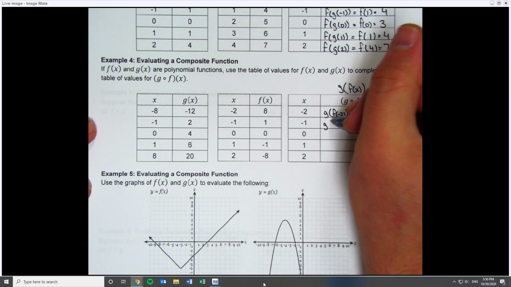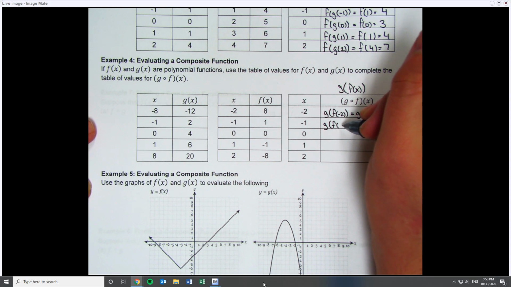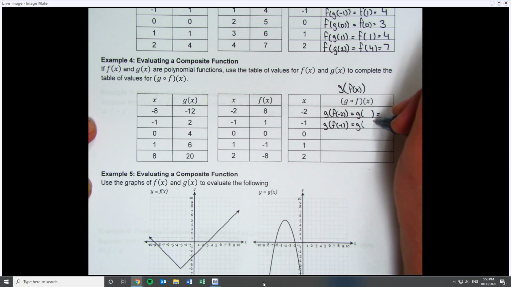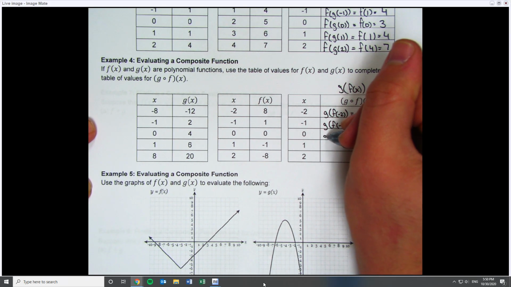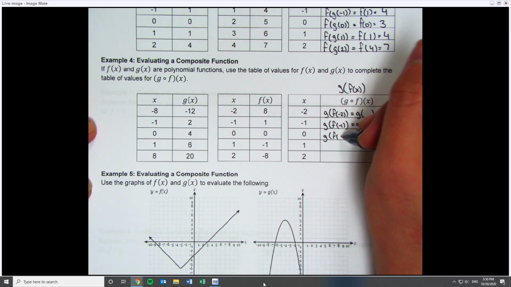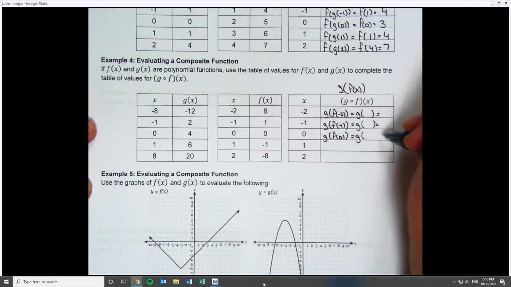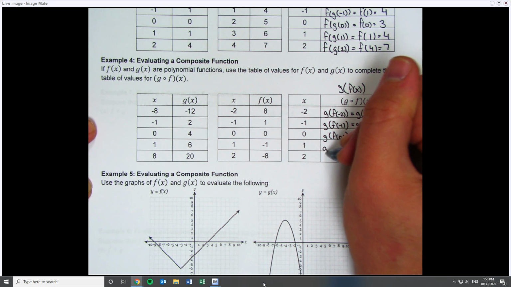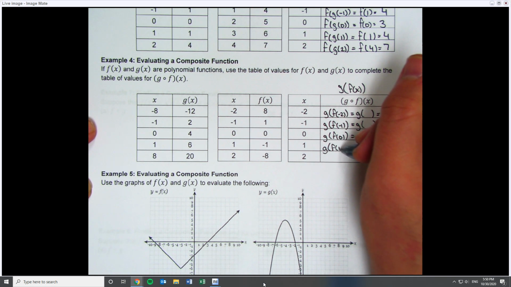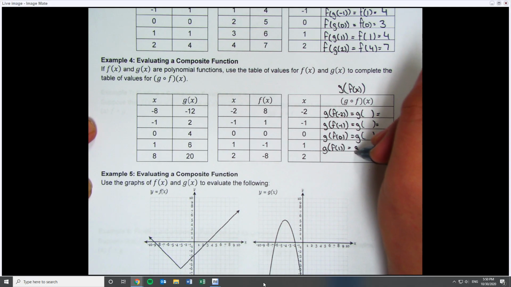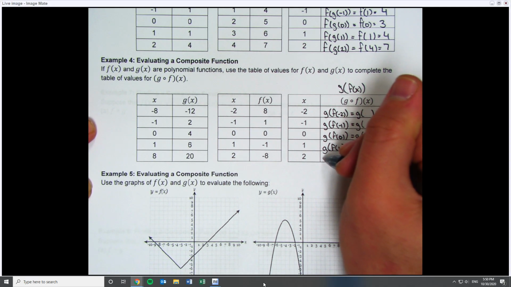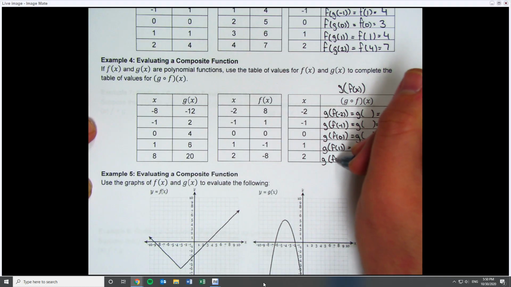So I'm a bit on the lazy side. I'm going to go ahead and fill all this in because I know what I'm doing now. I knew what I was doing before, but now it's just extra reinforced. g of f of 1 and g of f of 2.